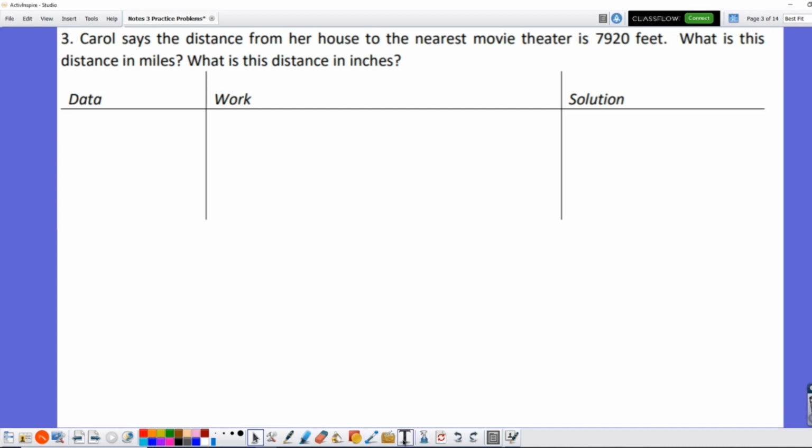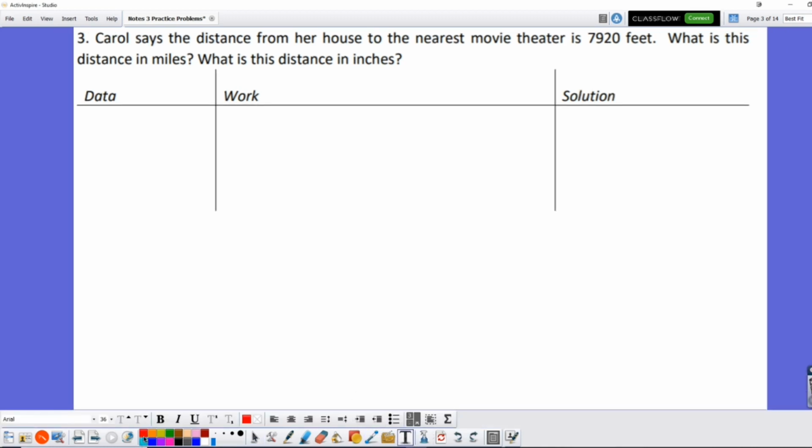So let's go ahead and start this problem off just like we start off any other one. We're going to write down the only number that we have, 7,920 feet. Okay? And that is my length, but we don't really need to write that down. We also need, how many miles is that? Or let's write it a little bit different.